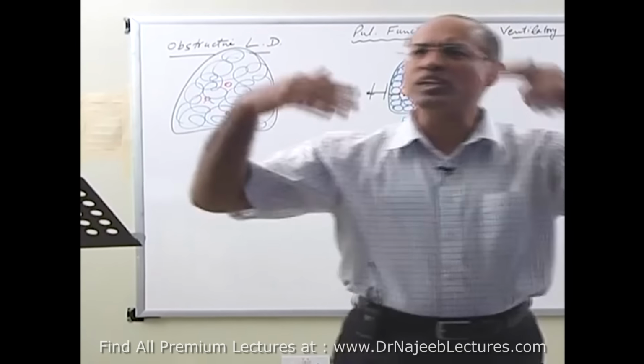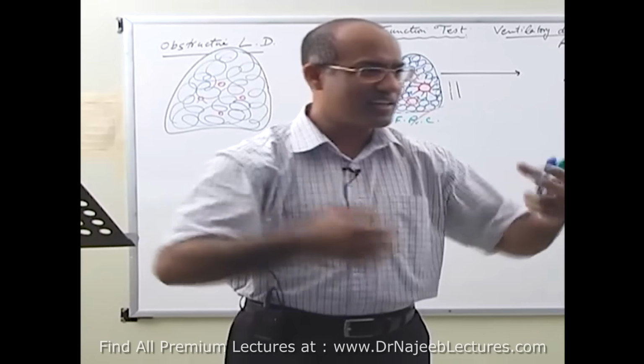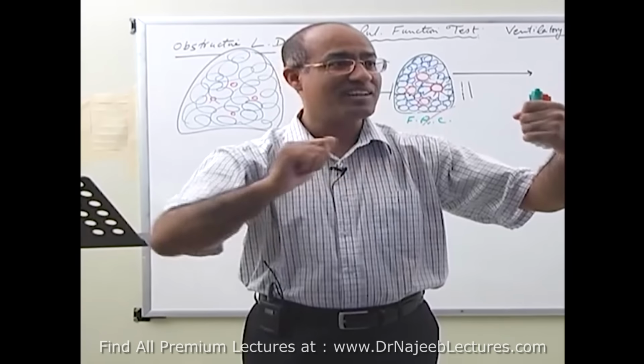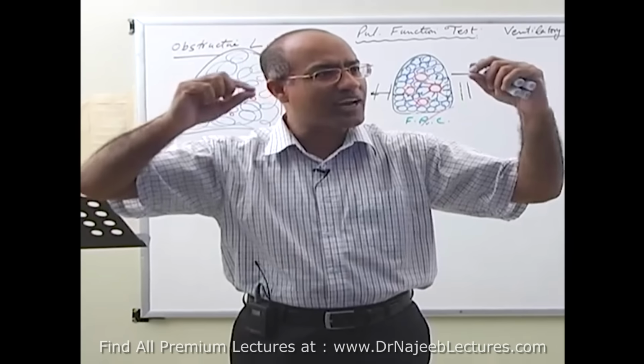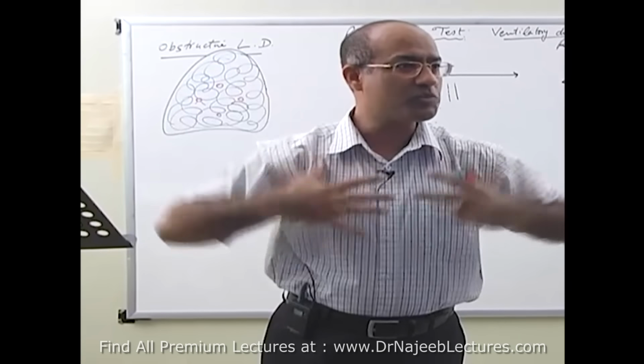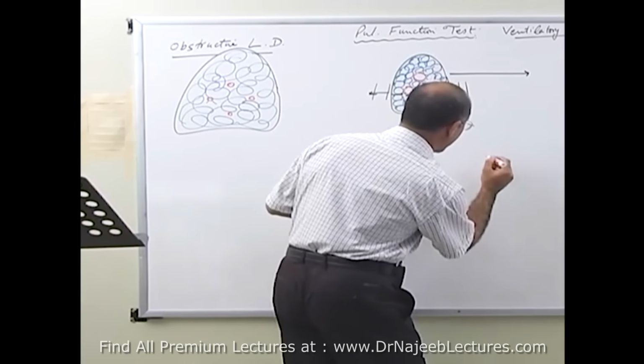Expiration. You don't need to think about it. It's logical. You know why? Look here. If my lungs are like a rubber and airways are the holes in the rubber, when I'm doing inspiration, holes are automatically becoming wider. So do you think during inspiration when lungs are expanding, again look, it's such a simple concept.